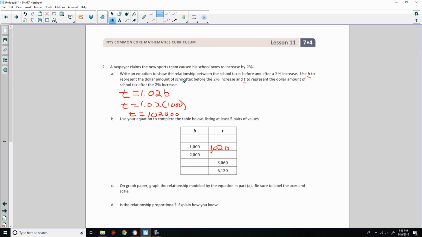So if we are going to have a constant of proportionality, the amount my B's change is the same every time. So if I add 1,000, I get this one. If I add 1,000, I'll get the next. If I add 1,000, I'll get the next. And to fill in the blank above here, I would subtract 1,000 to go the other way, and that's 0. Well, 0 times 1.02 is still 0.